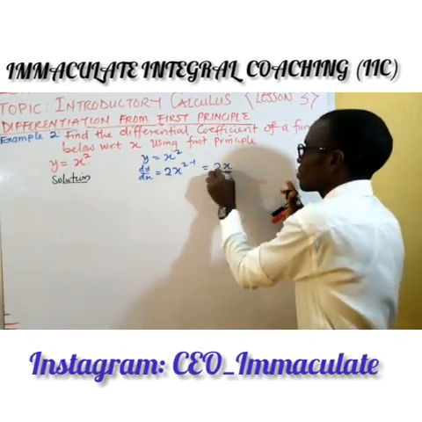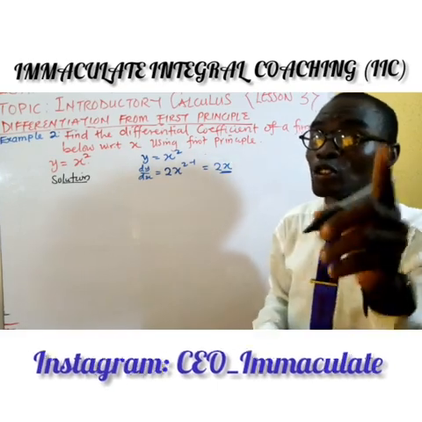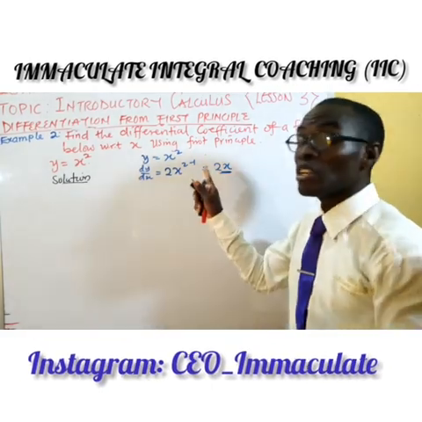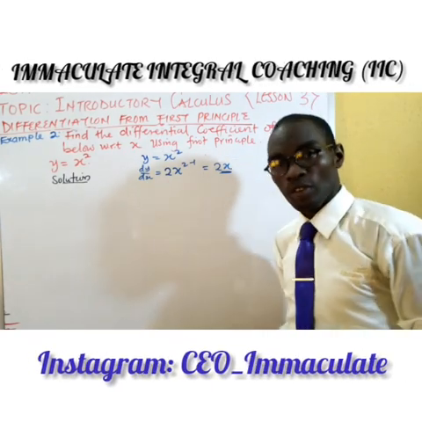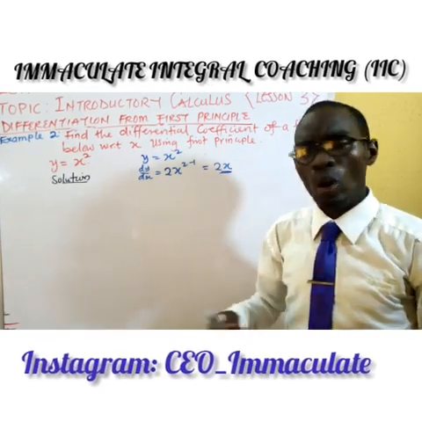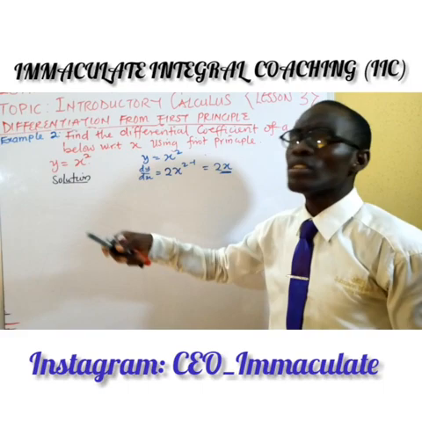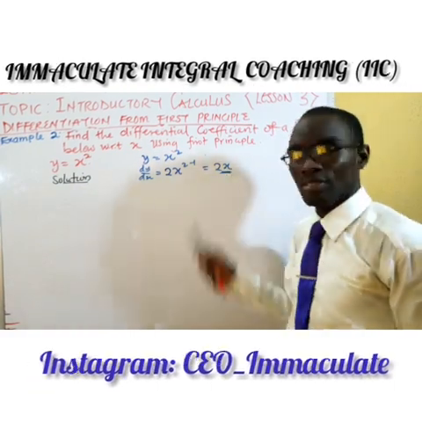This is the answer. But we are not asked to use the general rule. We have to make use of the first principle. So how can we go about this using first principle and we still get this?